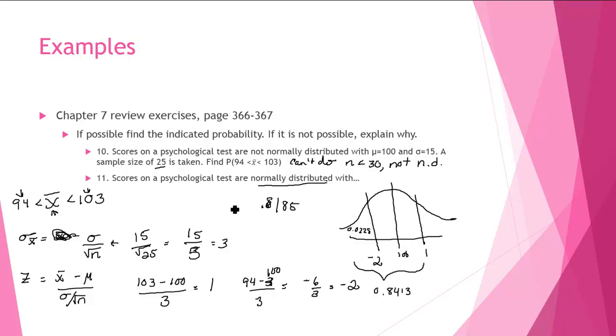So that means that if I'm sampling a whole bunch from this population, my sample mean has an 81% chance of being between 94 and 103.